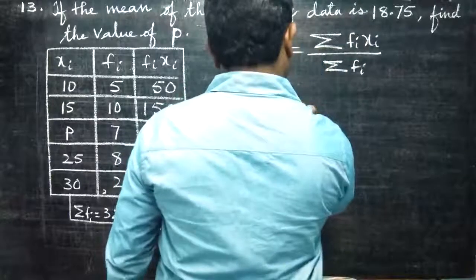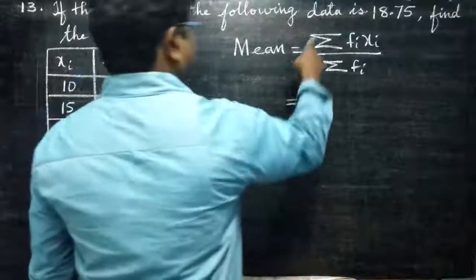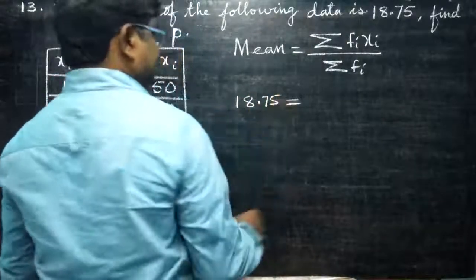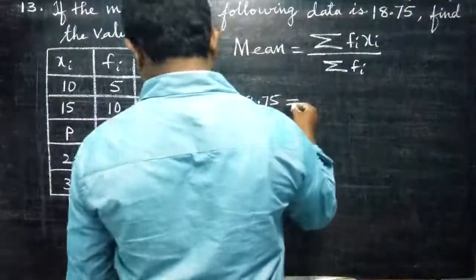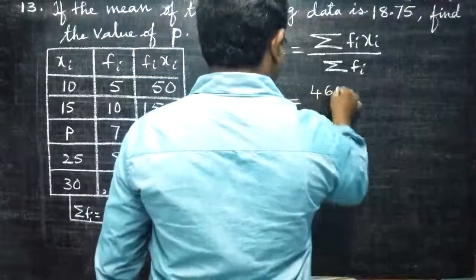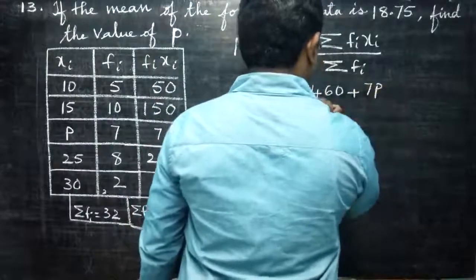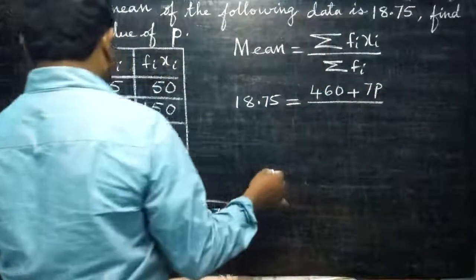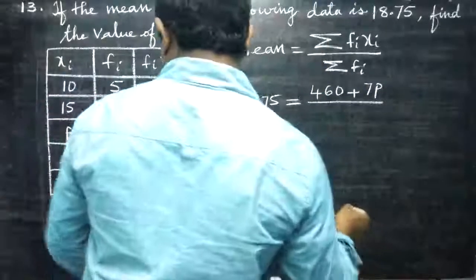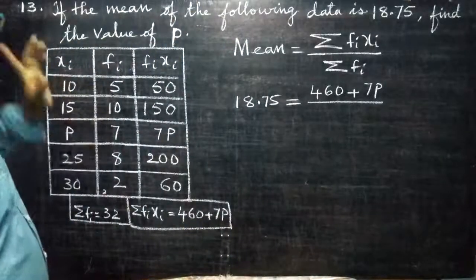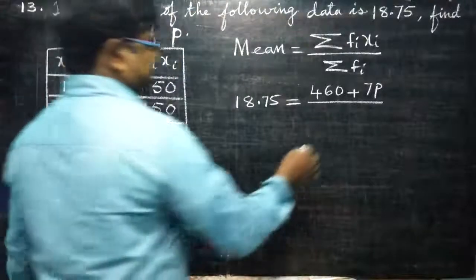So that is equal to, mean they give 18.75, equal to 460 plus 7p divided by 32. So add properly: 10, 20, 27, 5, 32.